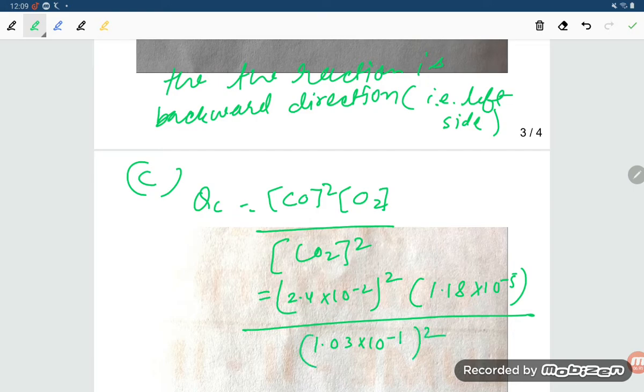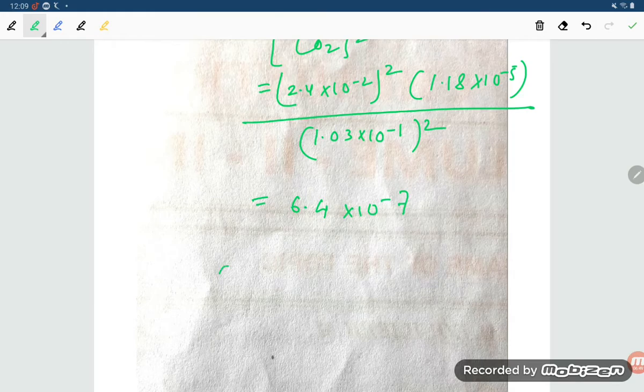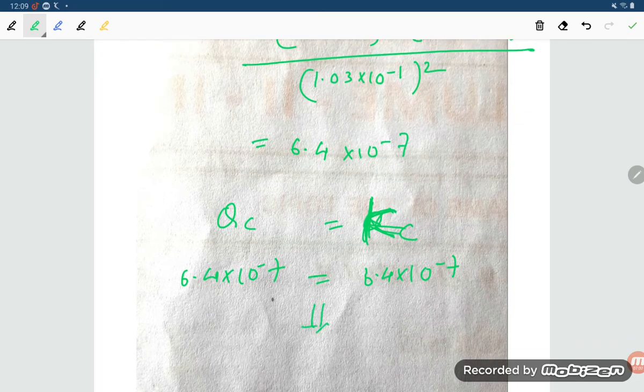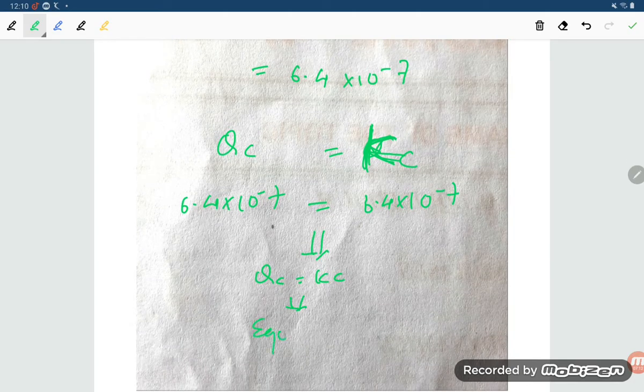Qc is CO power 2 times O2, divided by CO2 squared. How much value is coming? It is coming 6.4 into 10 power minus 7. Qc is equal to Kc, both being 6.4 into 10 power minus 7. That means this is the equilibrium condition.